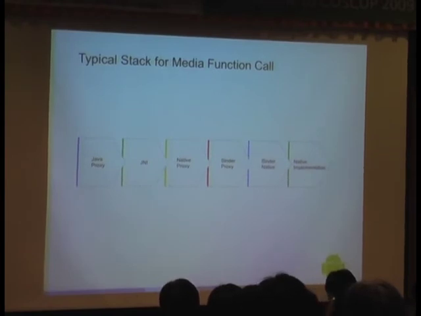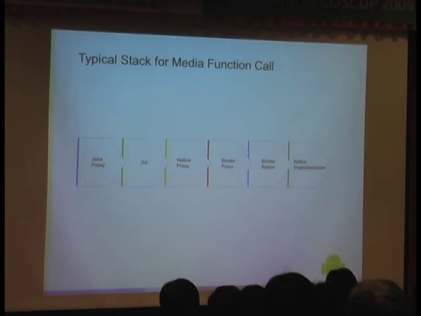That then goes through a thin layer of Java native interface, which basically just takes it down to the native proxy. The native proxy layer, if you've looked at the code stack, we have things called like mediaplayer.cpp, mediarecorder.cpp. These are the native objects that represent the client side of the media server process.